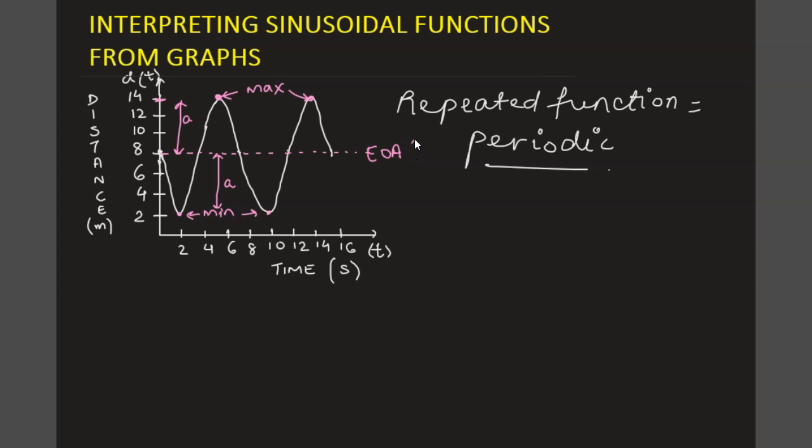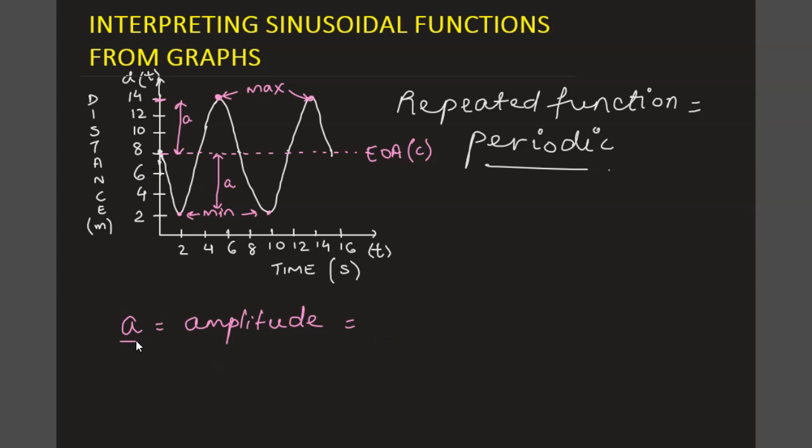Its representation is C. Let's say we want to find the A value. One way is you can just look at it. You're going from 8 to 14, so how much distance are you going above? Similarly, you're going from 8 to 2. How much distance are you going below? It is 6 each time. You get amplitude.